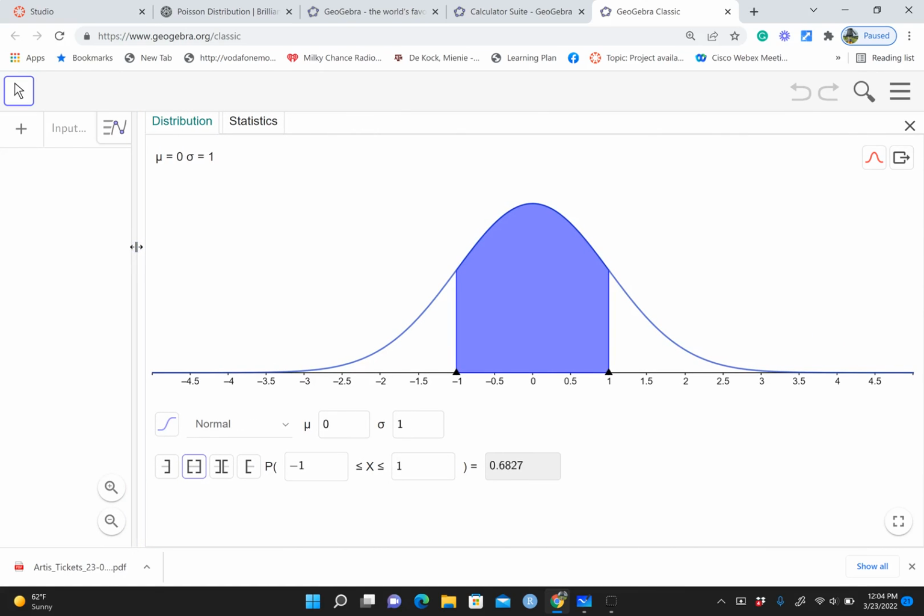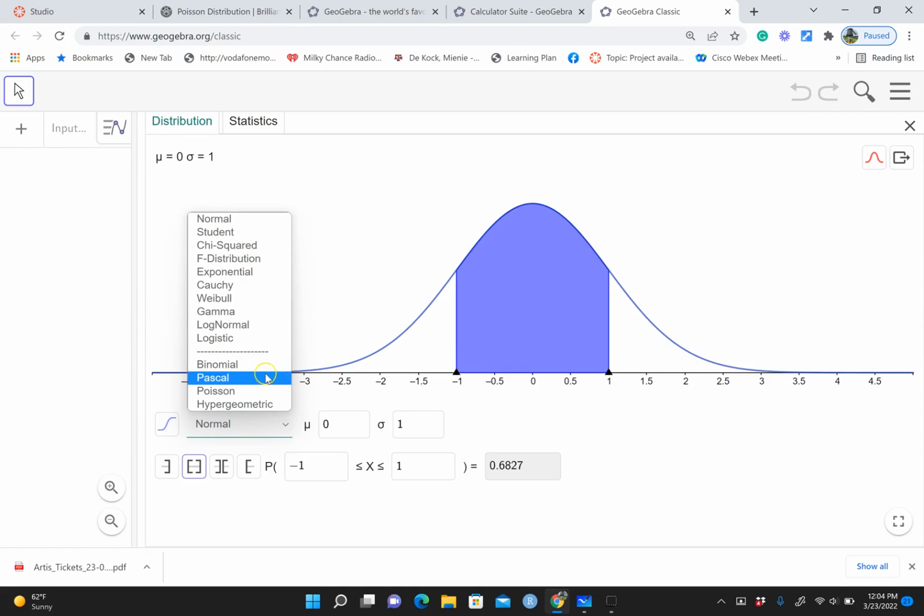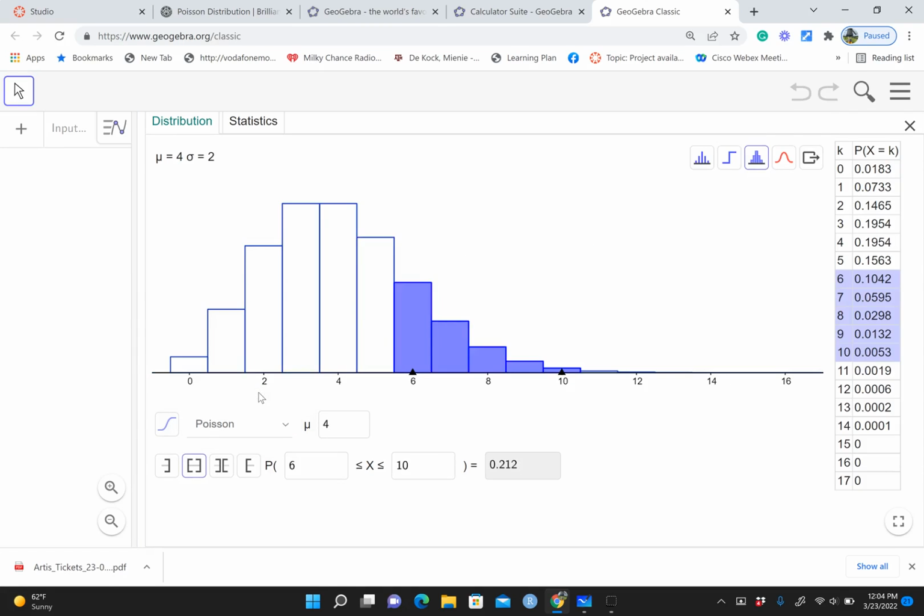We're not going to do all the distributions in this class. If you take a graduate class, we will take a look at the rest of the distributions. But for now, we know that we are working with a Poisson distribution. So we're going to pick Poisson, and you can use mu or lambda. It doesn't matter.